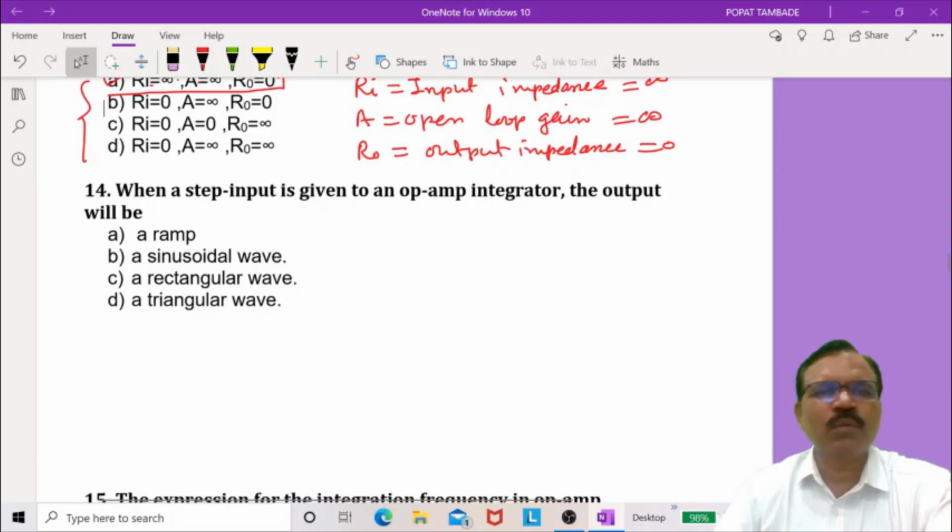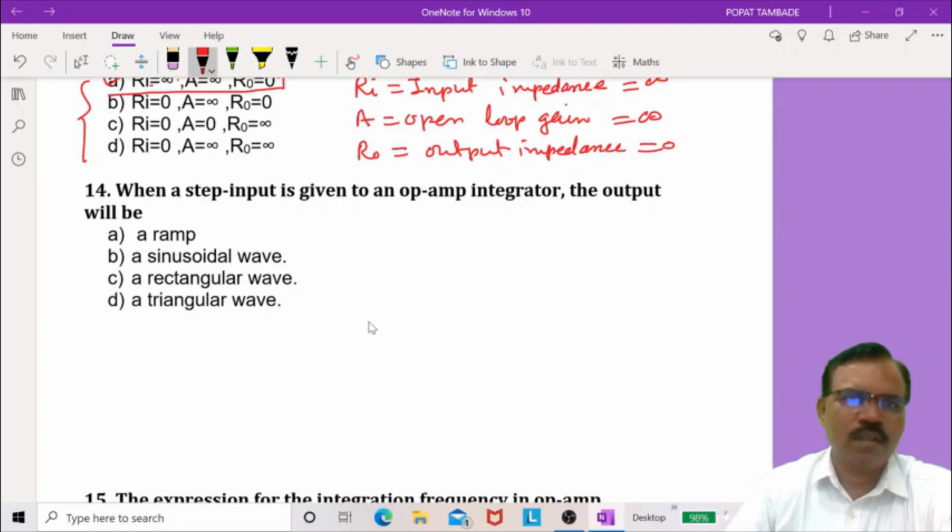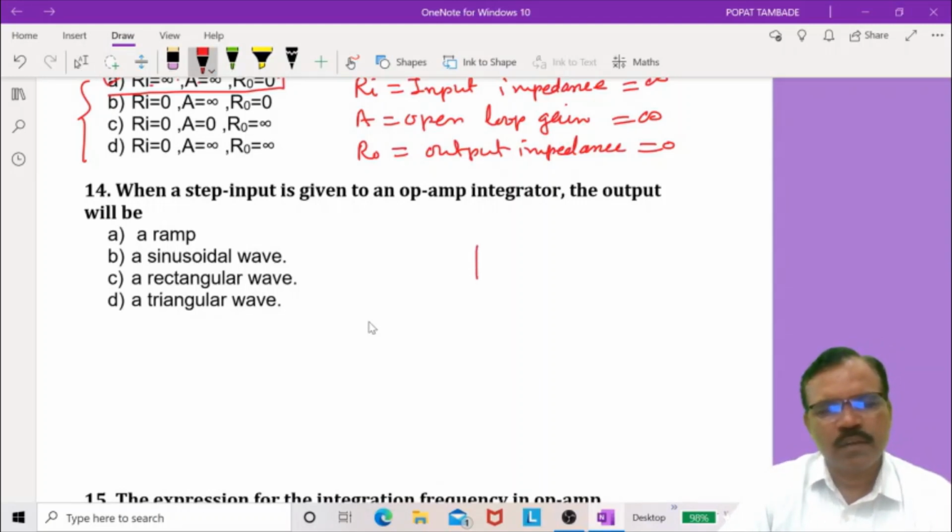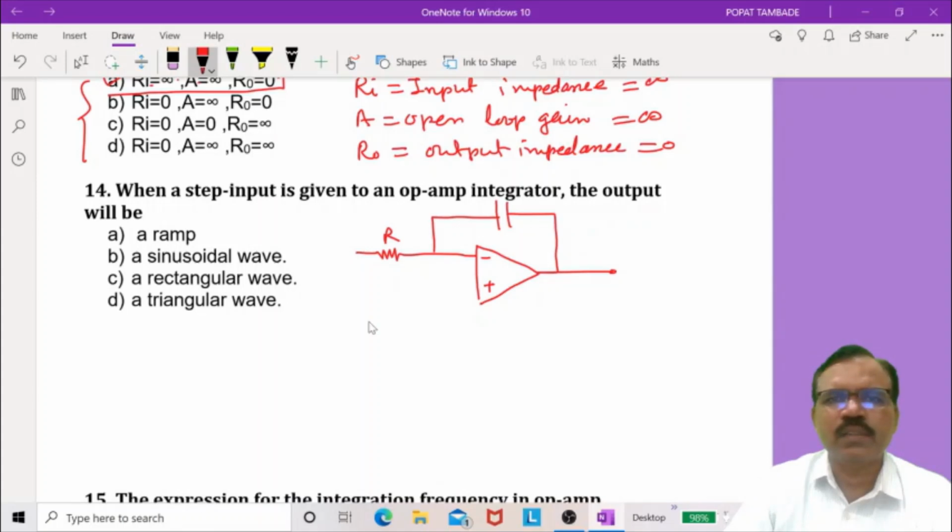Now the output will be what? If we see the integrator circuit, it is like this: minus, plus, R, and here a capacitance in the feedback circuit, and V0.